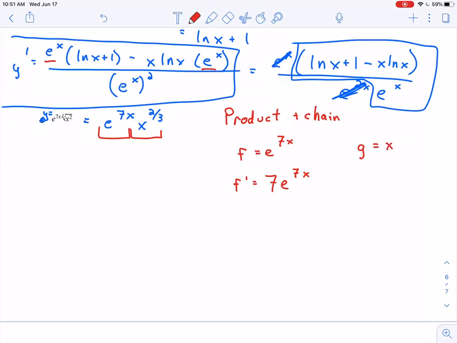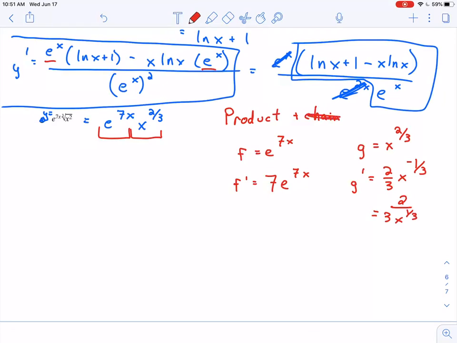G is x to the 2/3 power. For g prime, I just need to use my power rule: 2/3 x, subtract 1 for my power, negative 1/3. We could leave our answer with a negative exponent, or if we want a positive exponent, like I prefer, 2/3x to the positive 1/3 power.